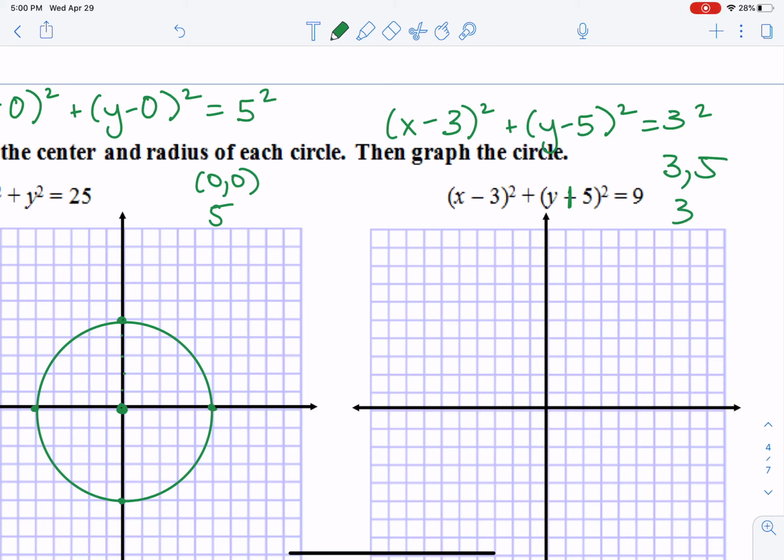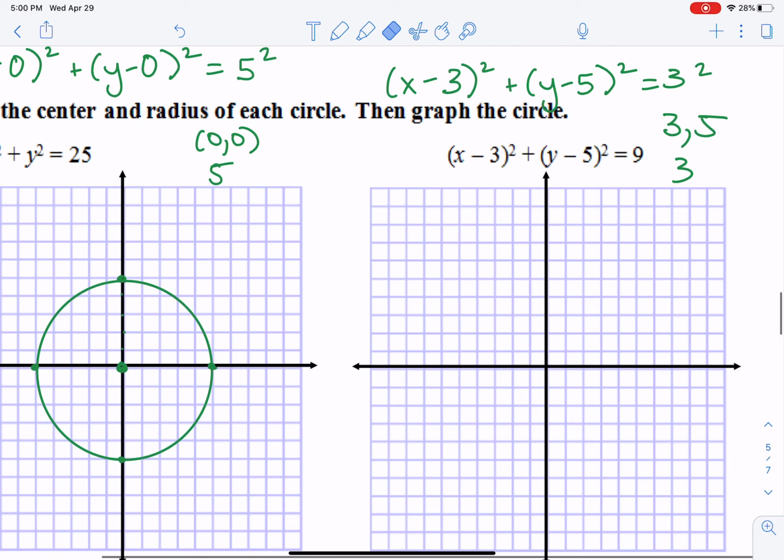Again, if this was a plus sign, I would have had to write -5 in order to make that a plus, and so my center would have been at -5, but they did not give us that. They gave us the minus sign. So here we go, 3 over 3 up 5. That's my center. And then a radius of 3.